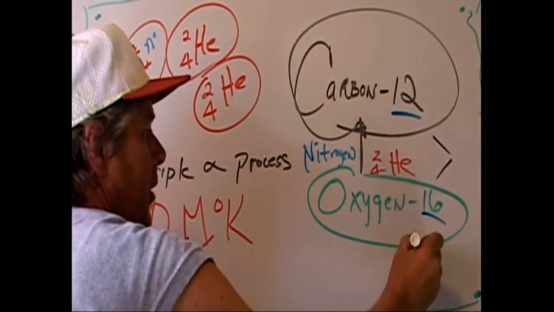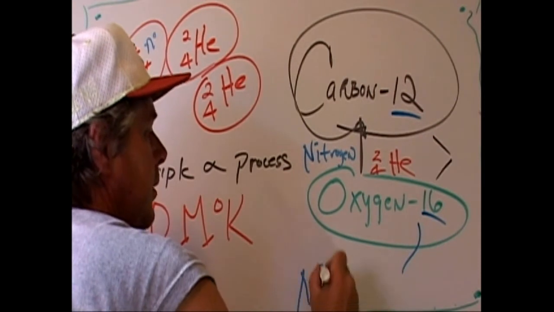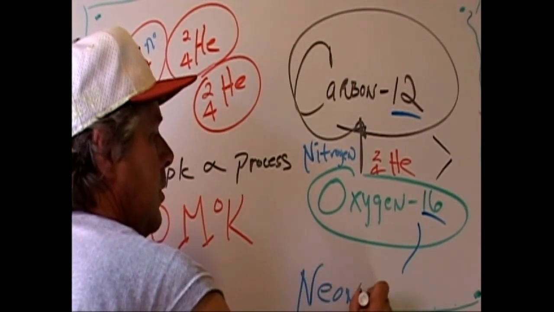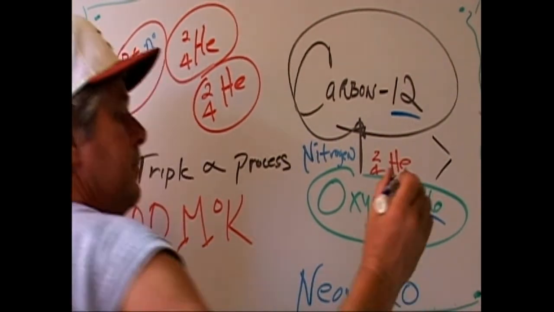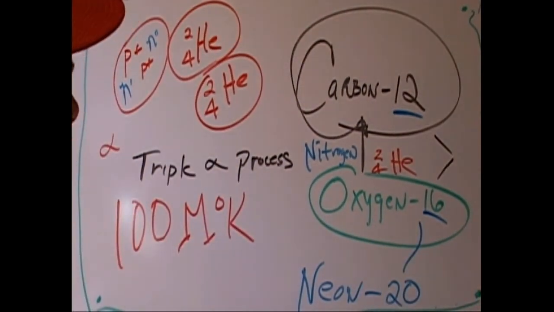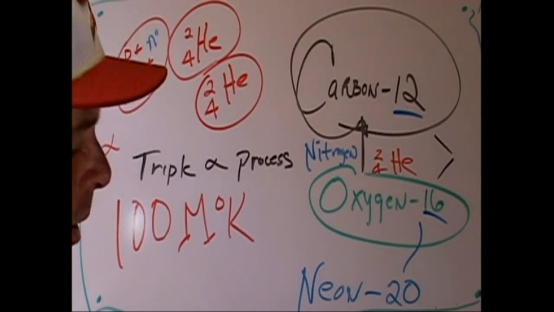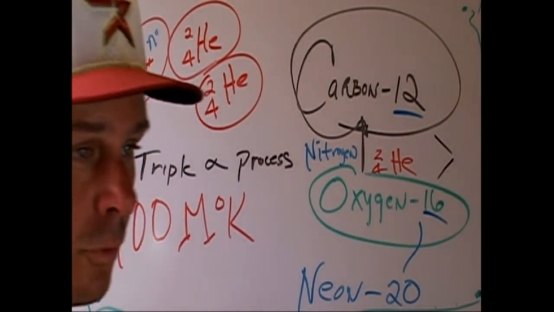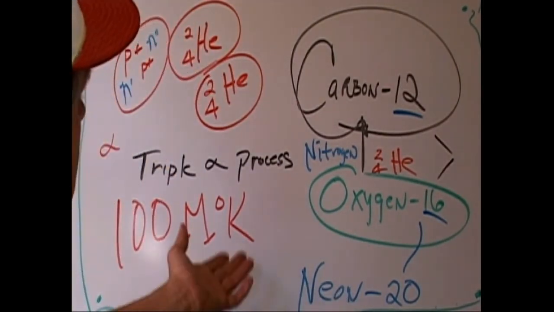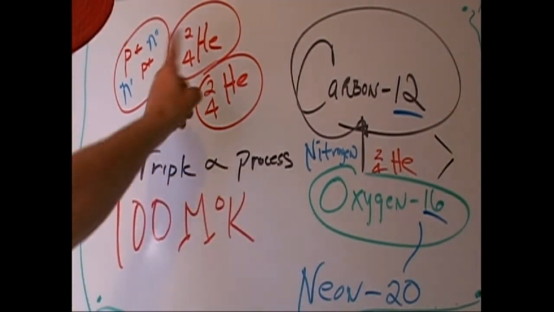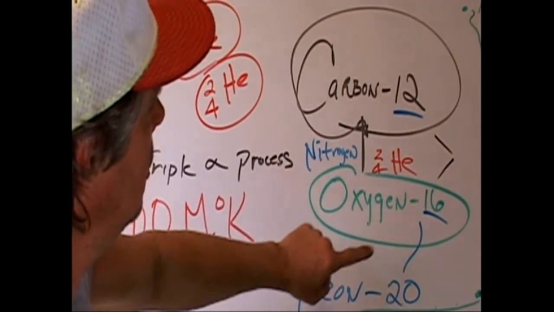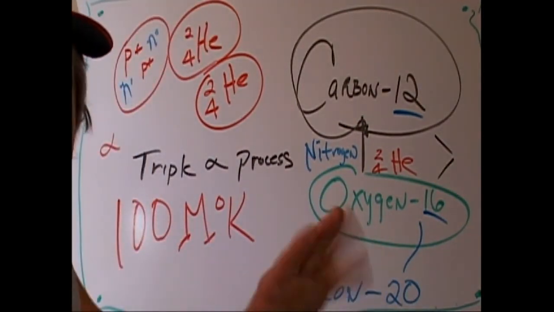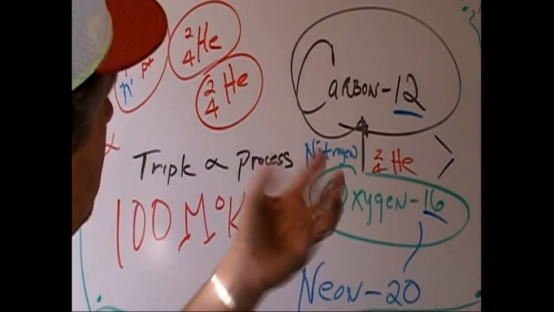Lastly, here through this alpha process, you would come to neon. 12 to 16, this would be neon-20. So a red star at this point, Betelgeuse, is up there fusing heliums to carbon, oxygen, neon. These will all be created in the same environment.